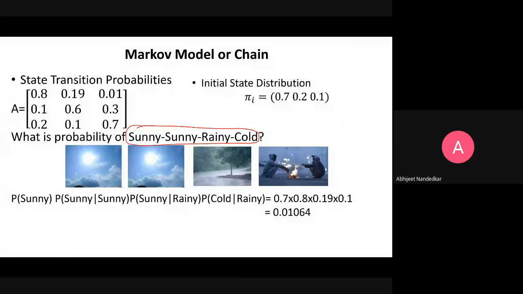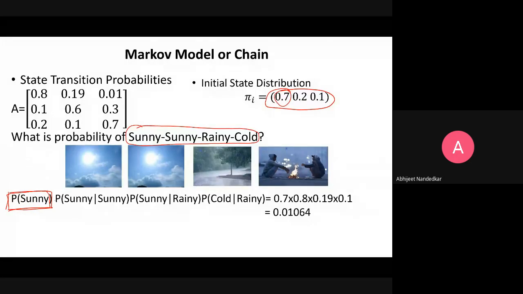I will start with the probability of sunny itself. There is no previous event because this is the first event, so I will write the probability of sunny, and I obtain this information from pi. Pi gives me the distribution of the initial state. There, sunny is 0.7.